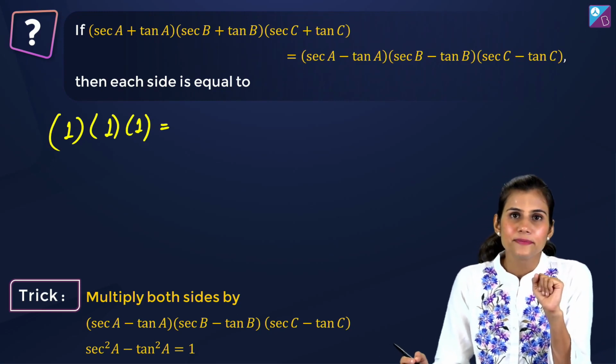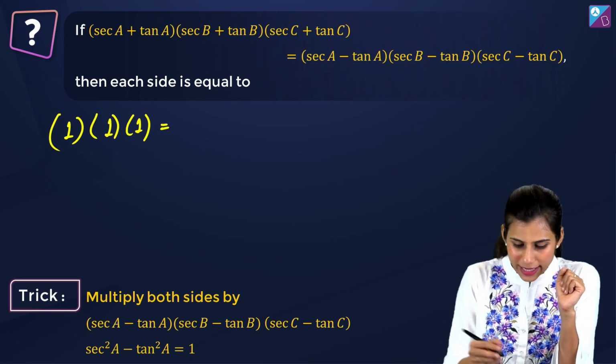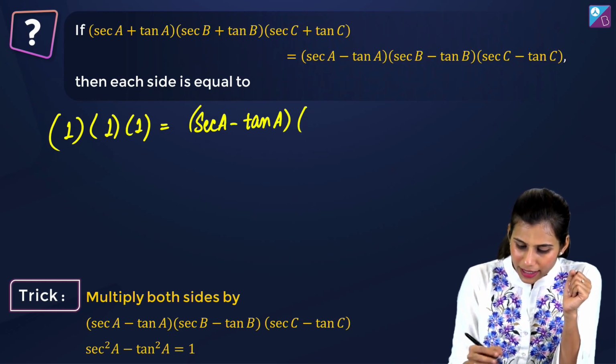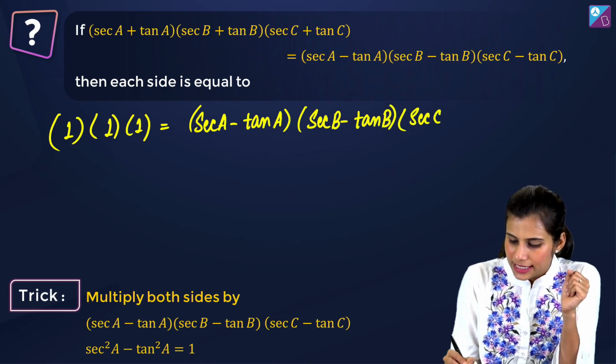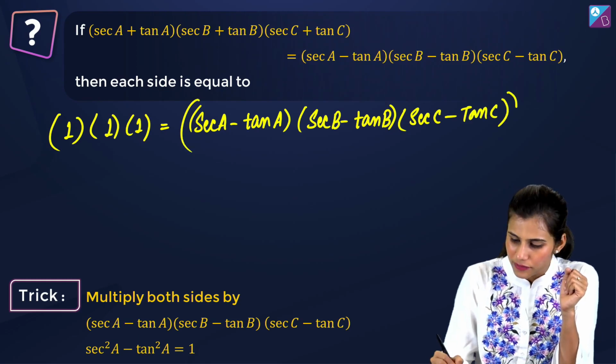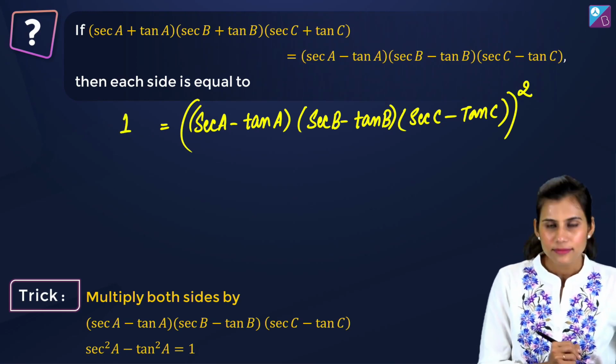What about the right hand side? It will be the square of this entire thing: sec A minus tan A multiplied by sec B minus tan B multiplied by sec C minus tan C, and all of this whole square. Left hand side obviously is 1.